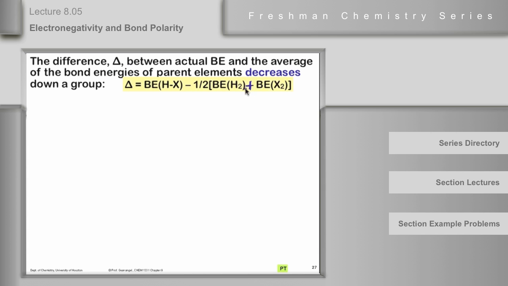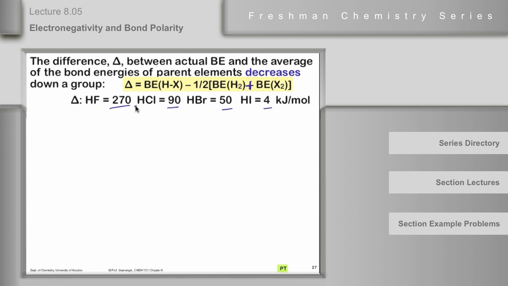Good. So if we do this for the halogens in group 7A, and we calculate the delta value, for HF, as we saw a few minutes ago, it's 270 kilojoules per mole. HCl, it drops down to 90. HBr, down to 50. And HI, it's almost nothing.